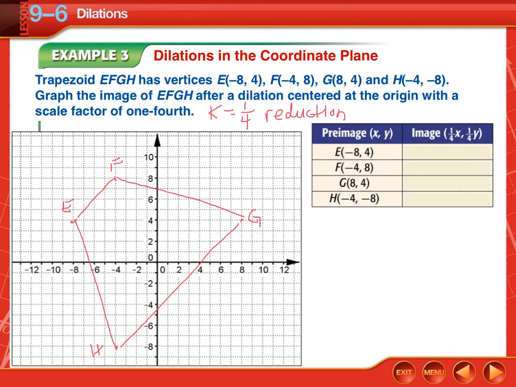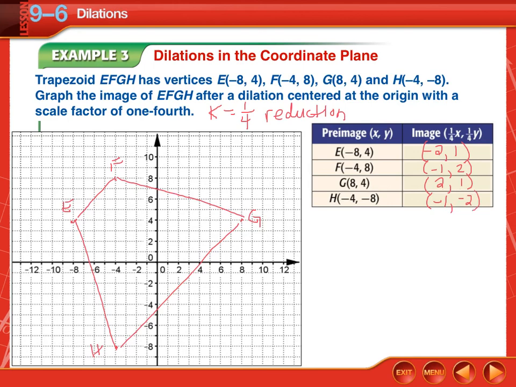So if we multiply -8 by 1/4, we get -2. And if we multiply 4 here by 1/4, we get 1. Negative 4 multiplied by a fourth, we get negative 1. And 8 multiplied by a fourth, we get 2. And so on and so forth. So we can find the locations here of the image.